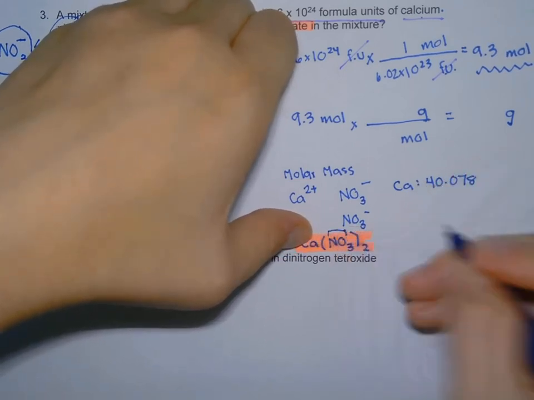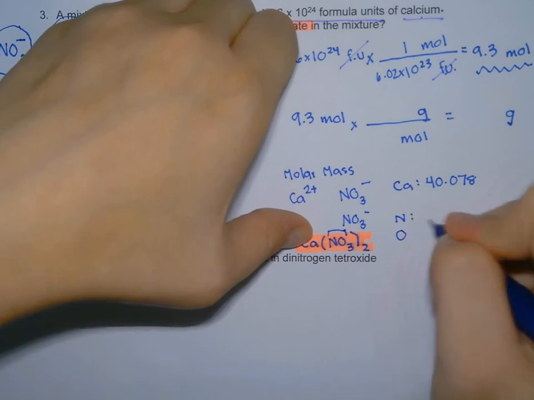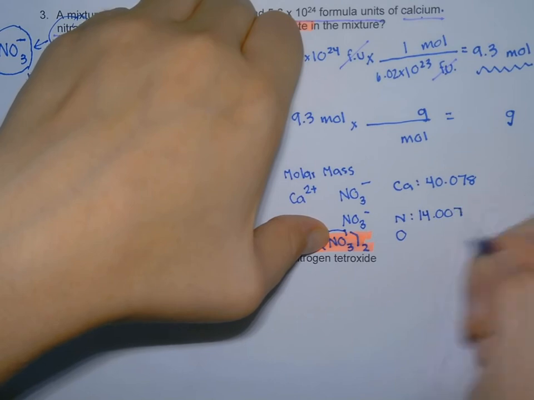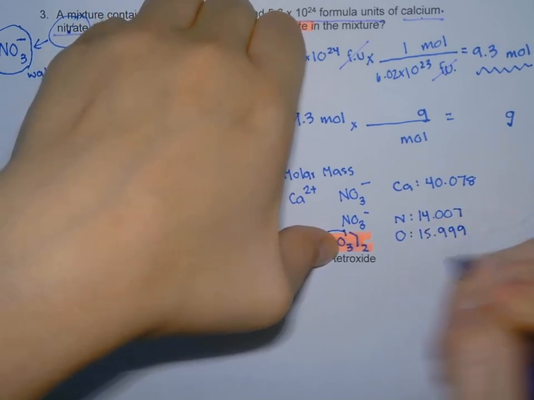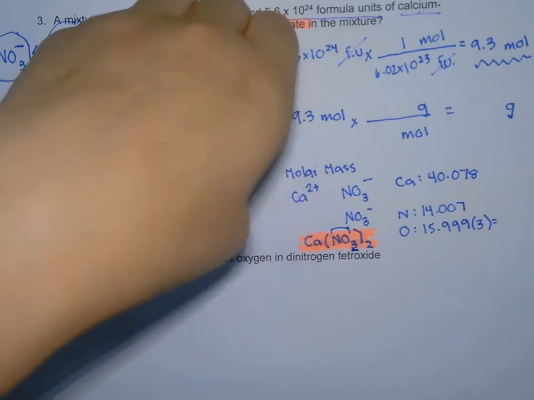Let's just do the inside first. N, nitrogen, is 14.007. Oxygen is 15.999, but I have to multiply that by 3 because I have a little subscript.